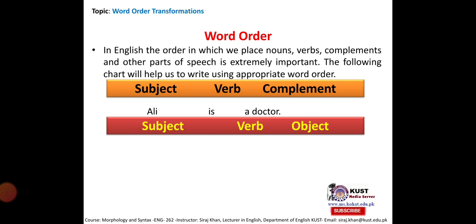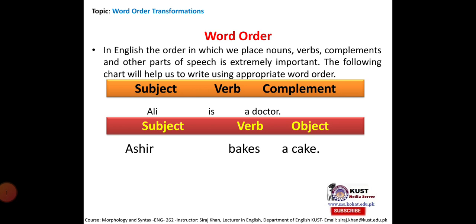Now another subject, verb, and object structure, which is the basic and standard structure of a simple English sentence. Like Ashir bakes a cake. So here Ashir is the subject. The subject comes first in a sentence because it makes our meaning clear when writing and speaking.